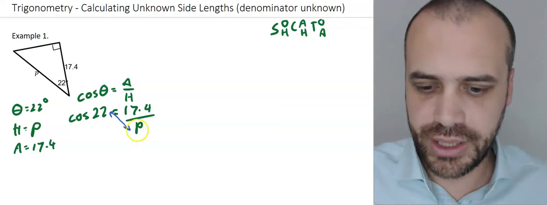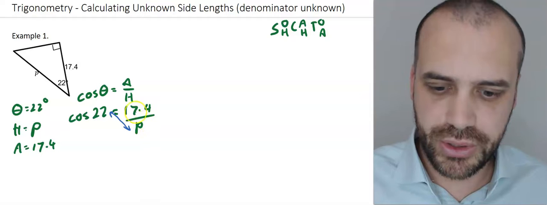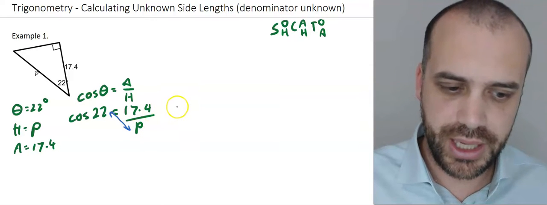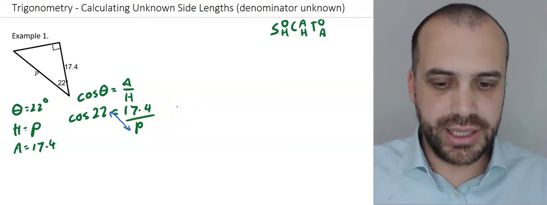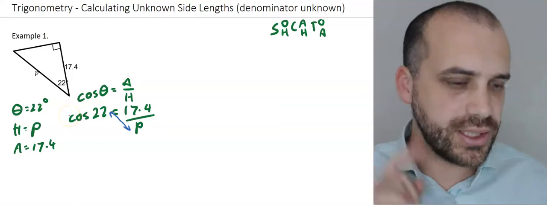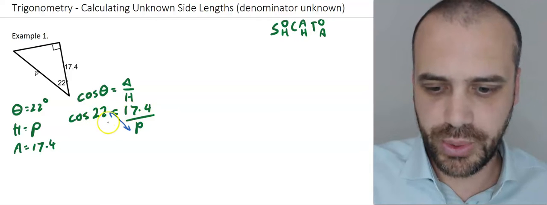What's really happening is that we're multiplying both sides by P, and when we do that, 17.4 divided by P times P, that P is going to cancel out, and we're going to be left with a P on this side. At the same time, we're going to divide both sides by cos 22.